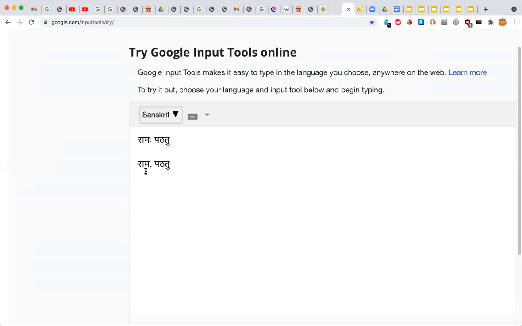Here you are addressing Rama, Sambodhana. Hey Rama, Bhavan Patatu. But here Rama is being used as Karta: Ramaha Patatu. Let Rama read or may Rama read.